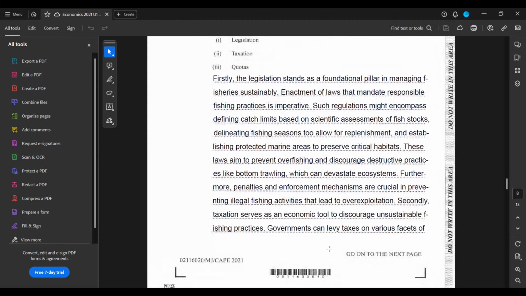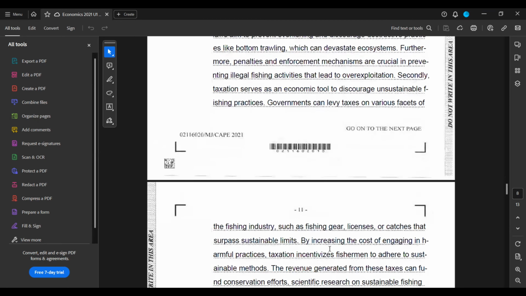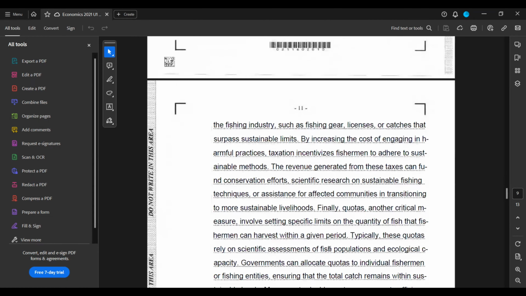Secondly, taxation serves as an economic tool to discourage unsustainable fishing practices. Governments can levy taxes on various facets of the fishing industry, such as fishing gear, licenses, and catches that surpass sustainable limits.